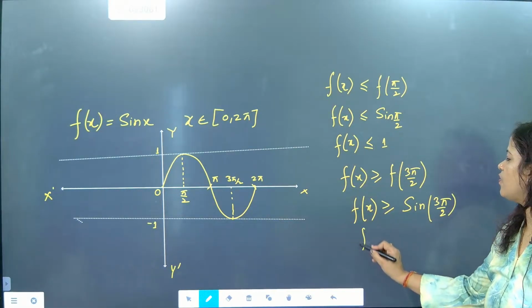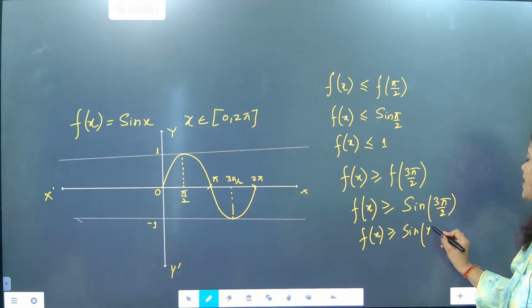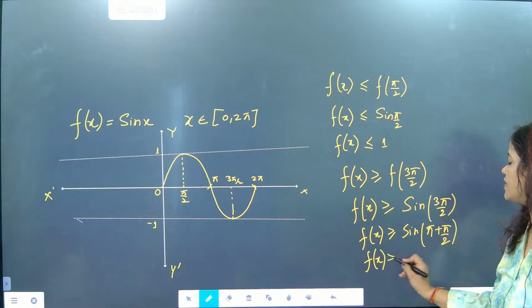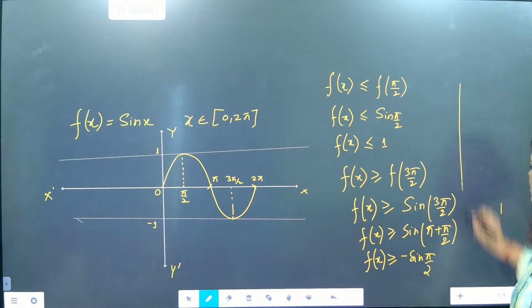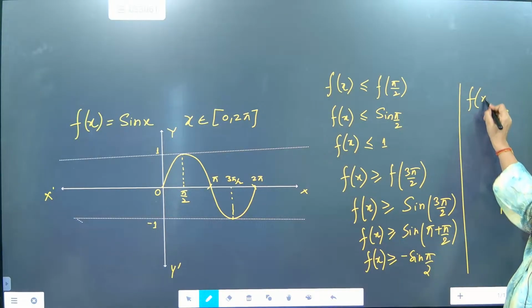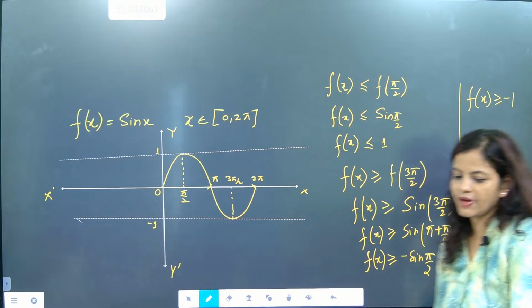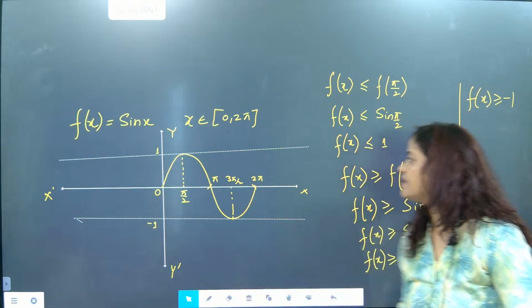And 3 pi by 2, we can write as sine of pi plus pi by 2. And sine of pi plus pi by 2 is in which quadrant? It is the third quadrant, so it will become minus sine pi by 2. Overall, f of x is greater than or equal to minus 1, because sine pi by 2 is 1.